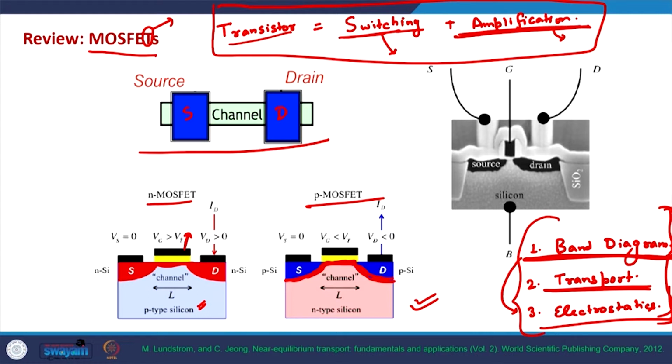Switching is easy to understand, even from this diagram: in the NMOS, if the gate voltage is less than the threshold voltage, the channel won't be there and the device will be off, and that is how this off state is achieved.